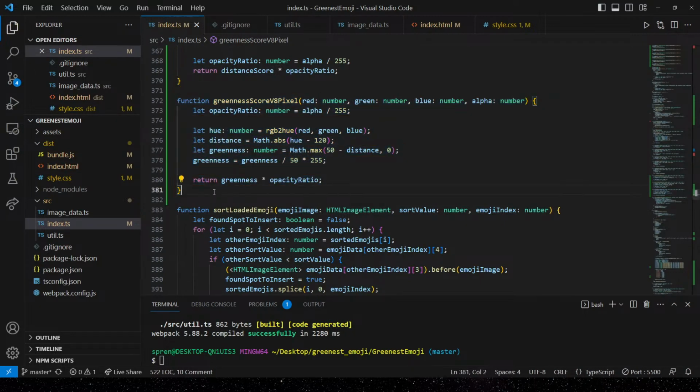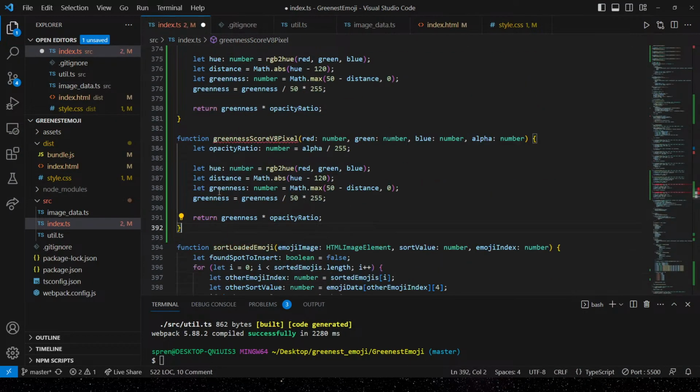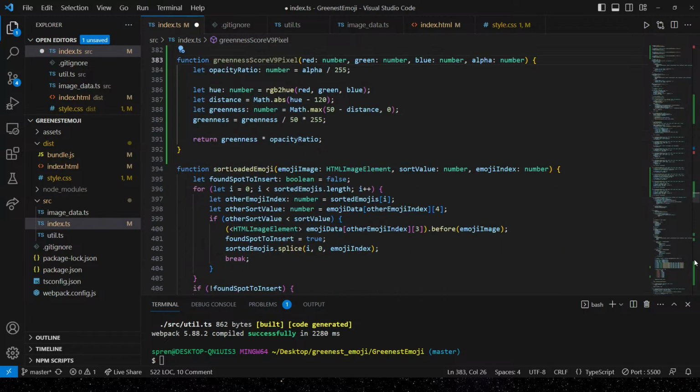So V9 is going to be just the hue component times chroma times what, V value? Volume? Value? I think that's what it's going to be.